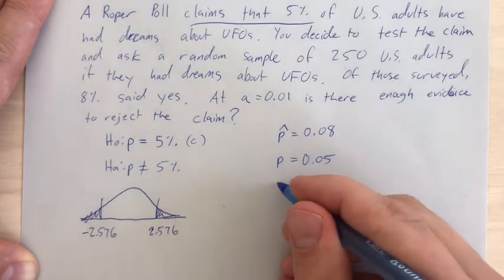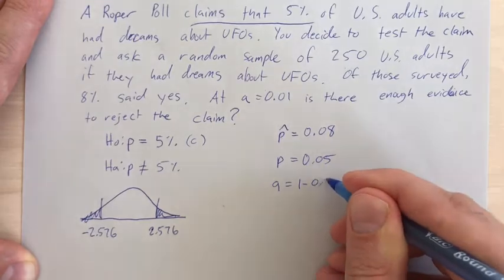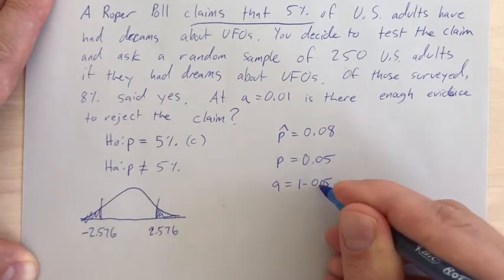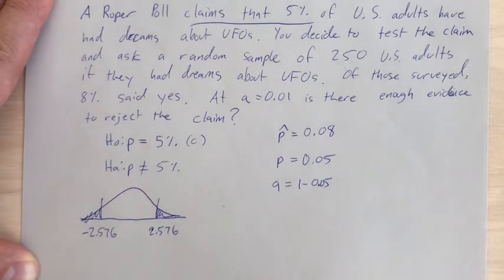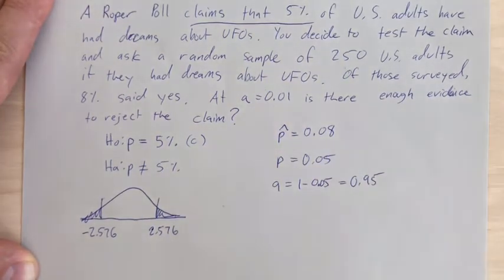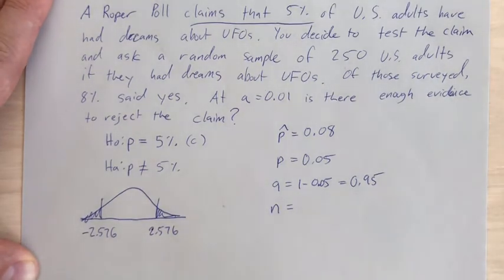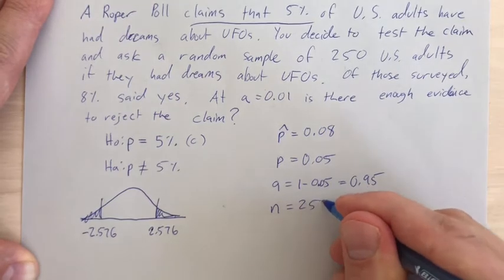The Q in this problem, or the opposite percent, is going to be 1 minus that 0.05. But if you think about it, the opposite of 5% is, again, 95%. So it's no surprise that 0.95 is going to be my Q. And then last but not least, the sample size for this problem is going to be 250.